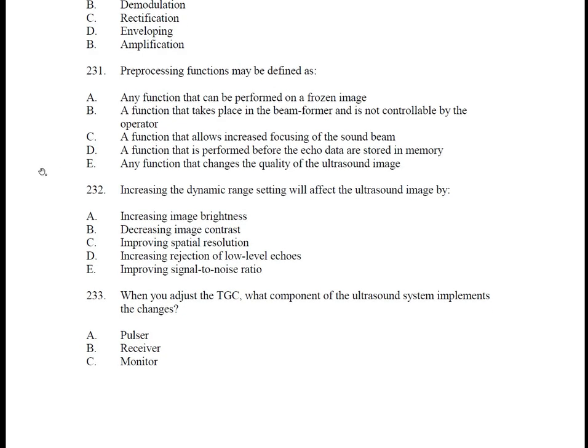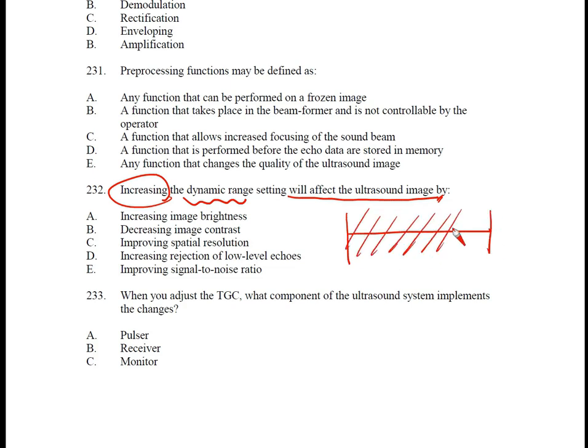Now let's move on and look at problem number 232. This question asks what effect occurs when you increase the dynamic range setting. Dynamic range is related to the contrast of an image. If you set this range wider, you will get that much more contrast. When this happens, similar colors may overlap, making it harder to distinguish between the two, which can result in reduced contrast.